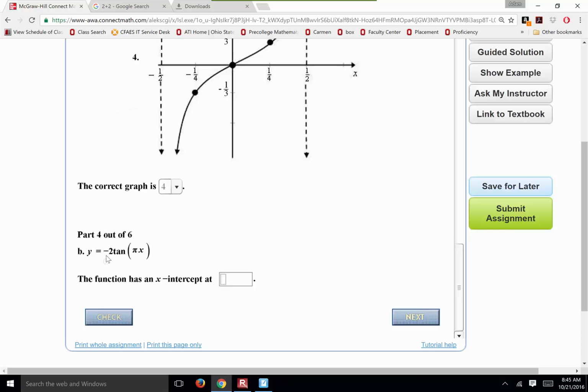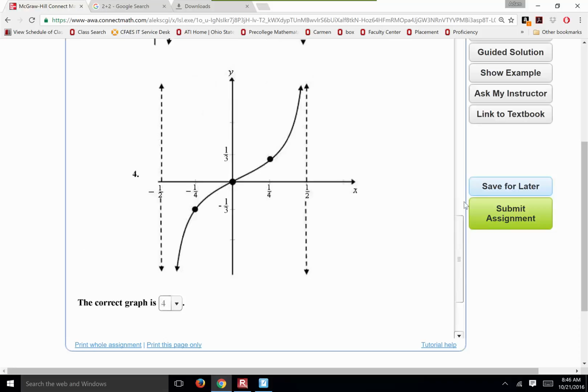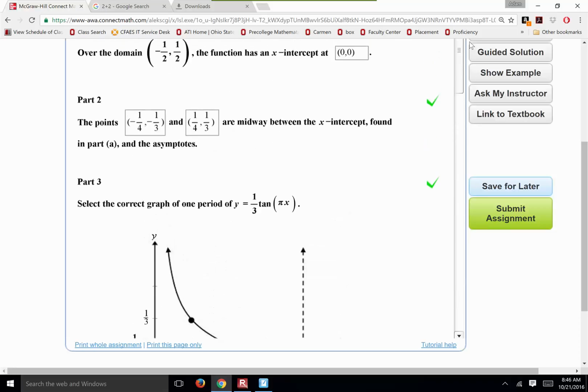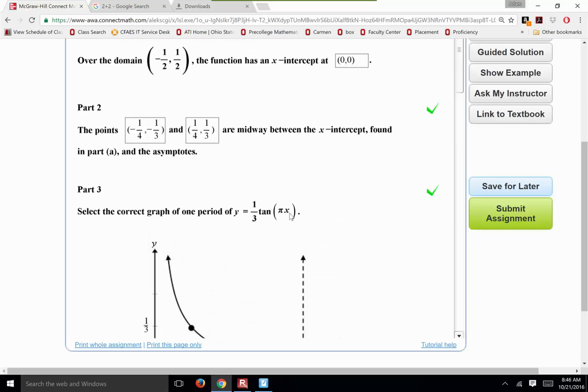So this is going to be a decreasing, stretched graph, but with pi x, you see the same pi x. Same pi x, so same period, from -1/2 to 1/2, but it's upside down and stretched rather than shrunk. Okay?